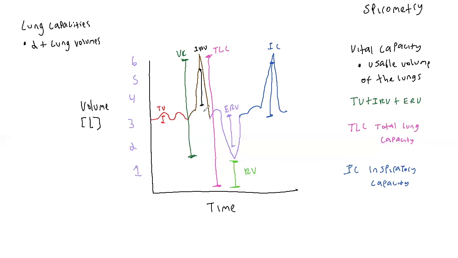All right. So I encourage you to practice these on your own, because there's no better way to learn than to do it yourself, right? Because on the exam, you're going to see some questions like, this lung volume is a normal inhalation and exhalation. You'll have to choose which one it is.